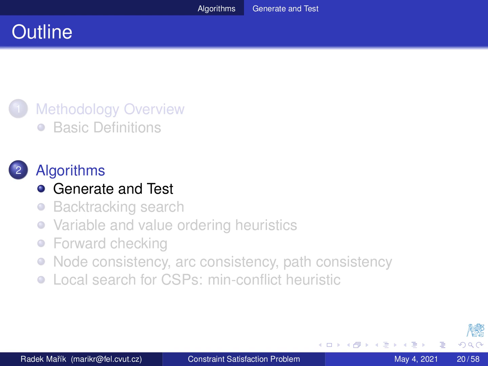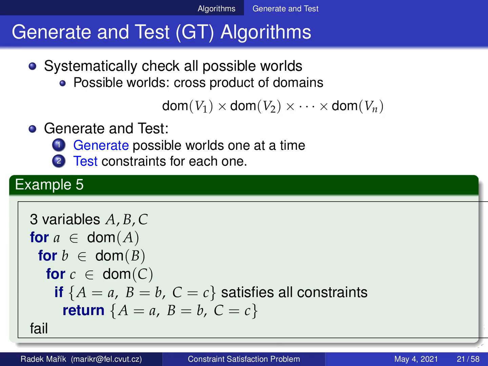We deal with the algorithms. So just quickly through the very general one that is called generate and test. In fact, this is the classical approach in artificial intelligence. If you don't know anything else, you can always start by generating everything possible and searching for the right solution. We all know that it does not work quite nicely, but it is a kind of baseline solution.